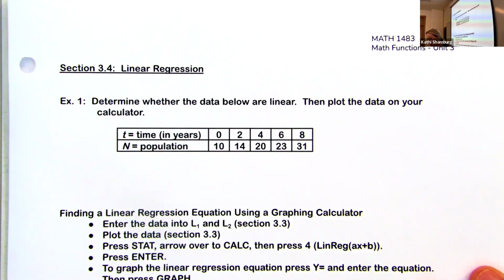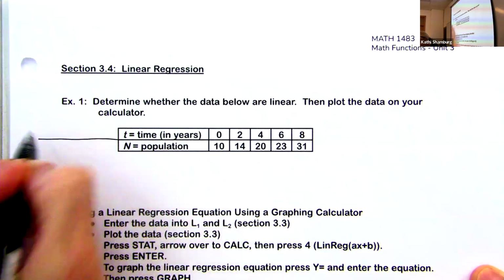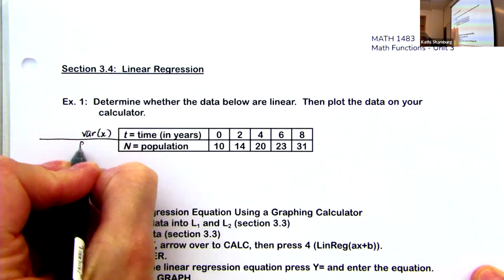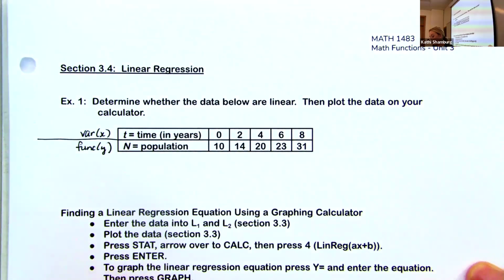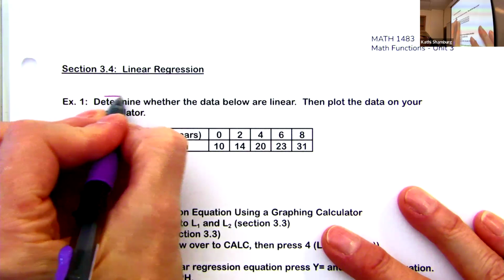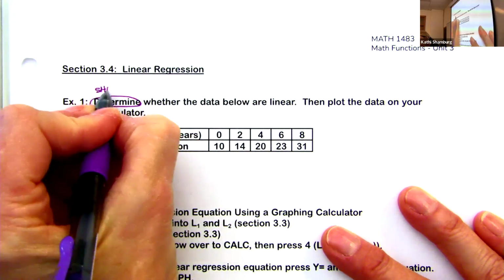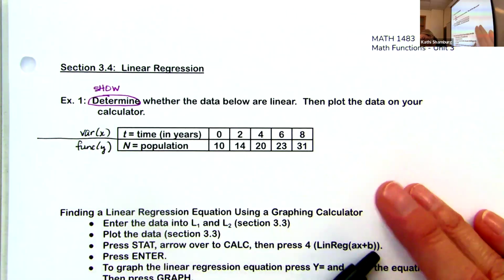Determine whether the data below are linear. Okay, we were just doing that, so let's do it again. We know this is our variable X. This is my function Y. And we show whether it's linear by using the average rate of change.